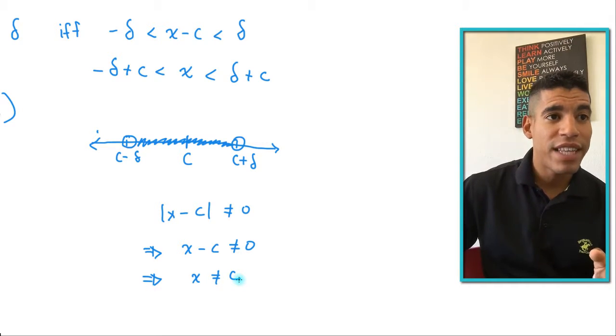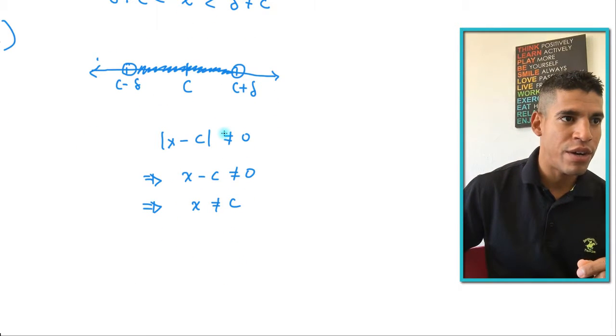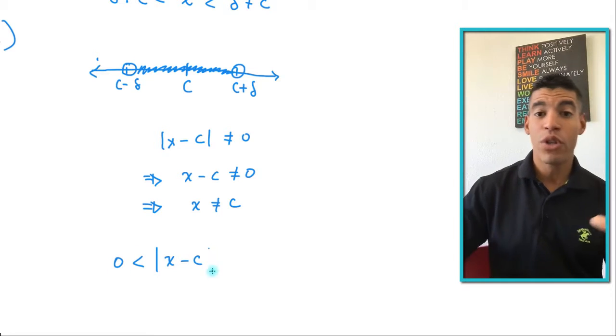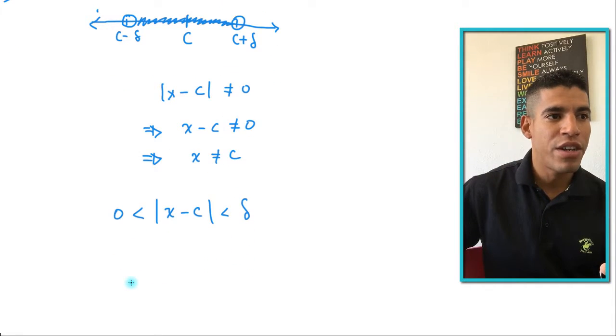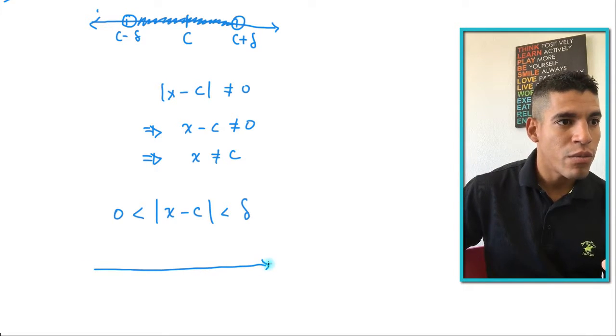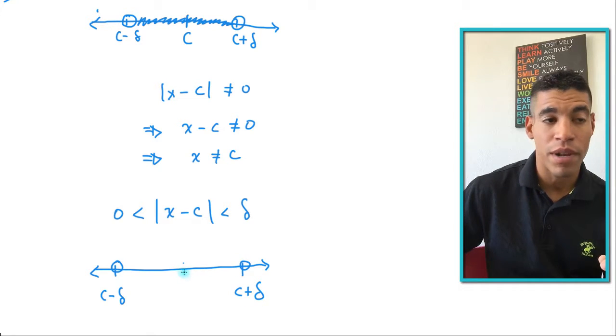In my representation, if I were to mix those two together, so 0 less than the absolute value of x minus c less than delta, if I were to combine those three things together, my geometric representation, or my real line, will still be c minus delta to the left without including, c plus delta to the right without including, but a new difference comes into play.